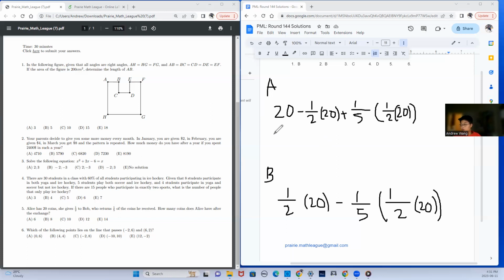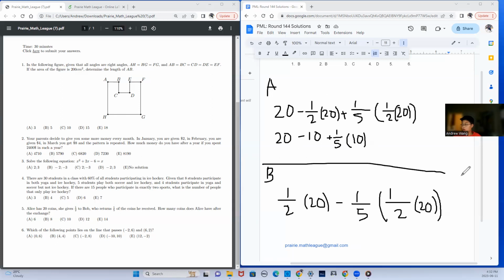So when we simplify all of these, for Alice we get 20 minus half of 20, which is 10, and then plus a fifth of half of 20, which is 10. Now we solve inside the bracket first.